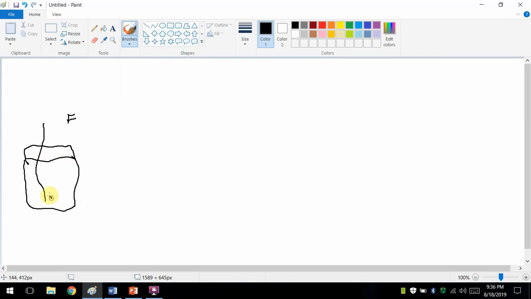I'm not going to be able to draw a tube very well. I should be able to draw a straight line. There we go. And then another straight line. And then we do free form around that.